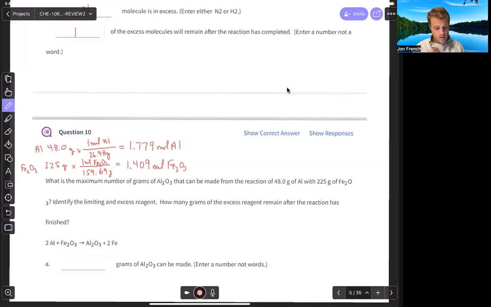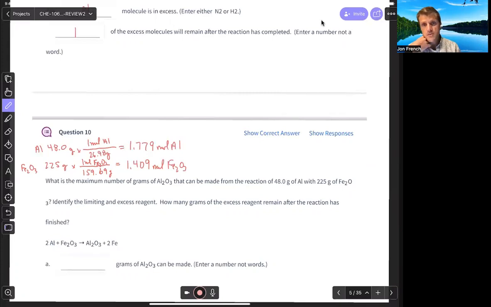So rather than find moles of a product, I'm going to find the limiting reagent. I want to convert both of them to the same number of moles because they react with a different whole number ratio. So the next thing I'm going to do is convert them into moles of iron 3 oxide.